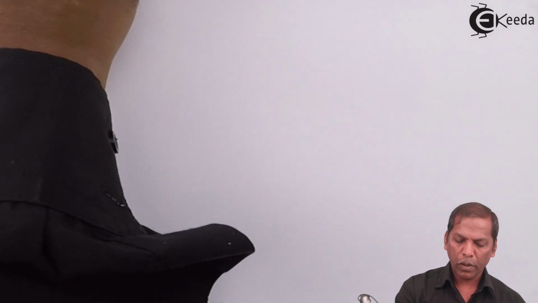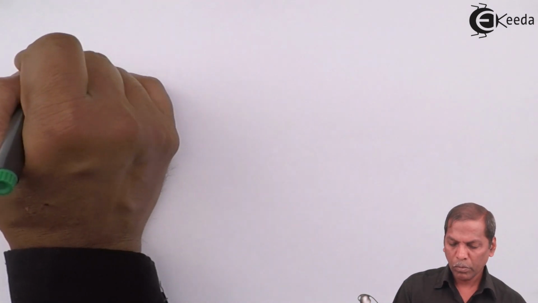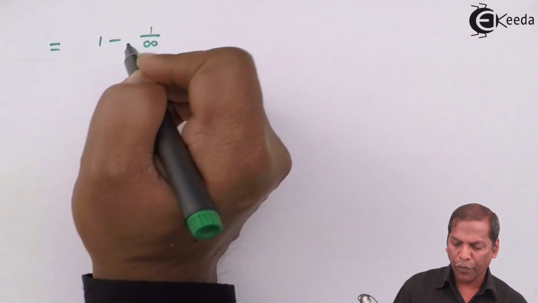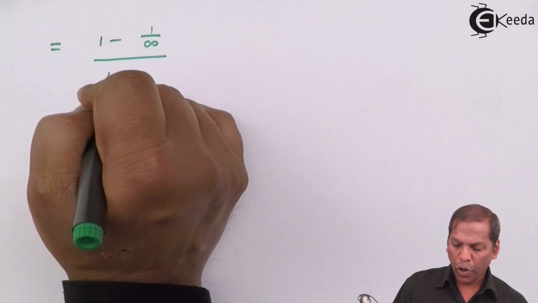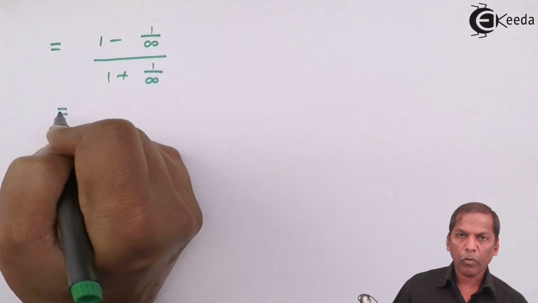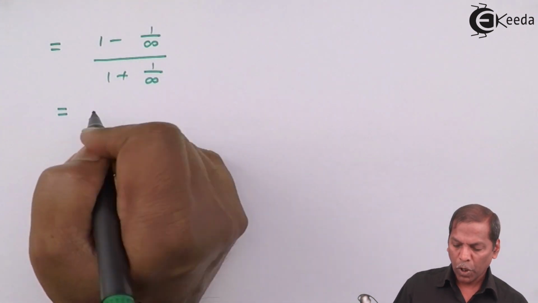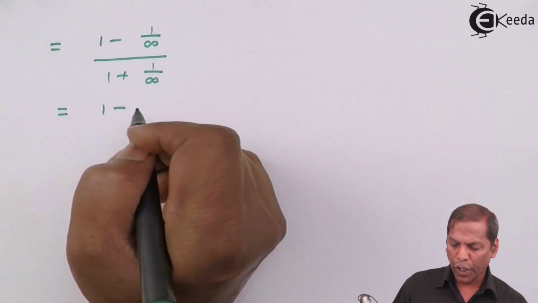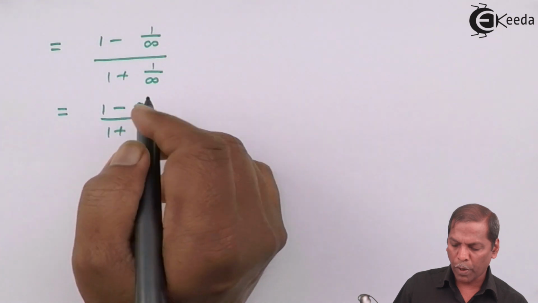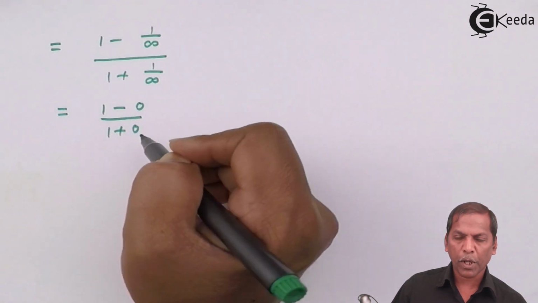So the next step is 1 minus 1 upon infinity upon 1 plus 1 upon infinity.